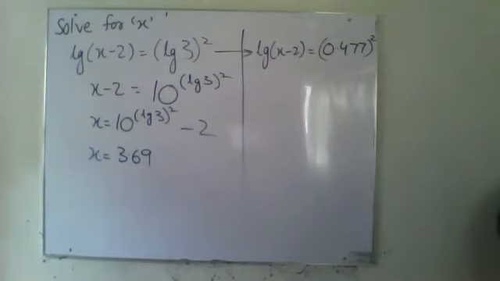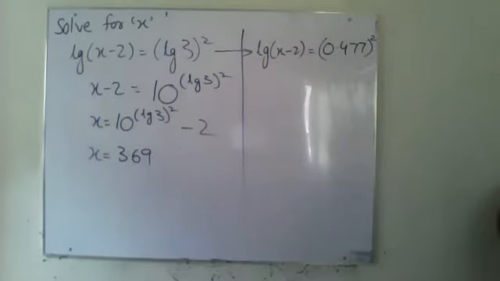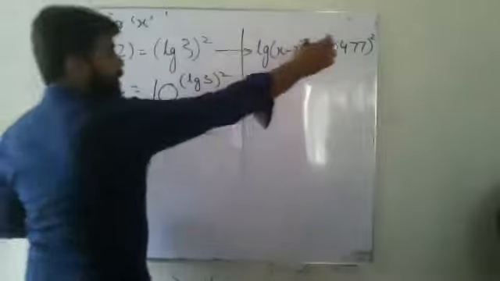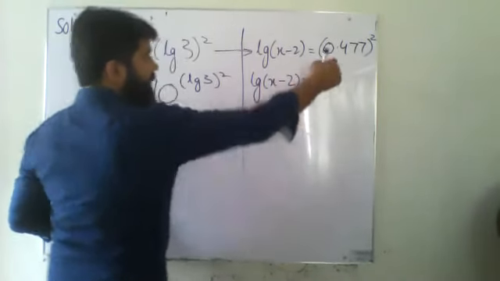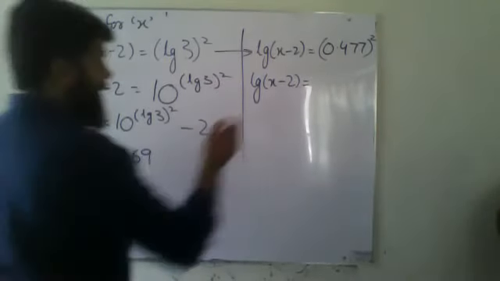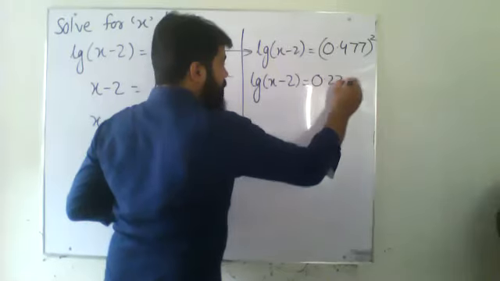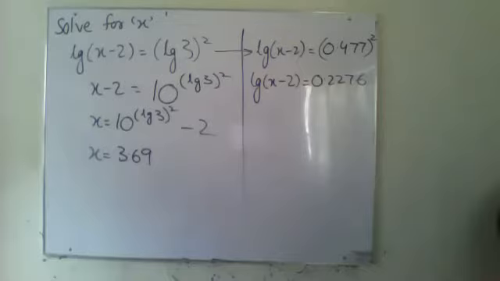Okay, you guys will use calculator to get your values over here, and after this, I am going to apply square on this one. lg(x - 2) equals to, when I will apply square, the answer is coming 0.2276.